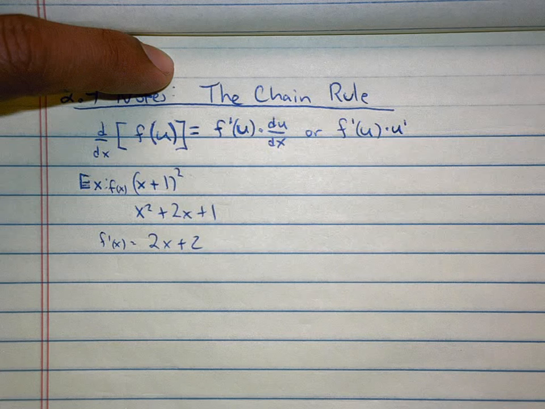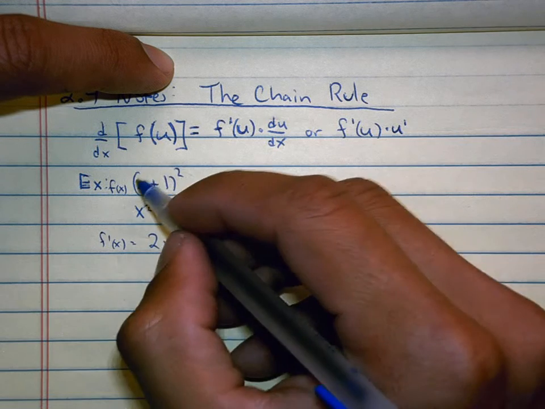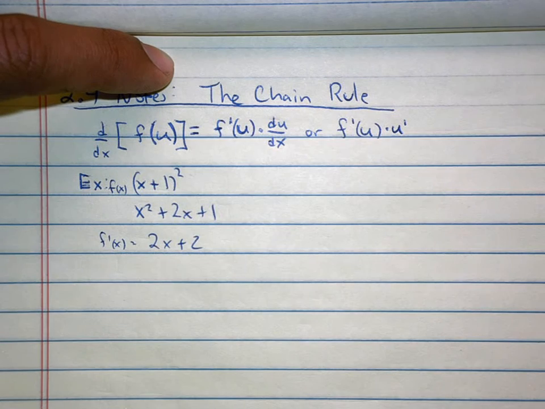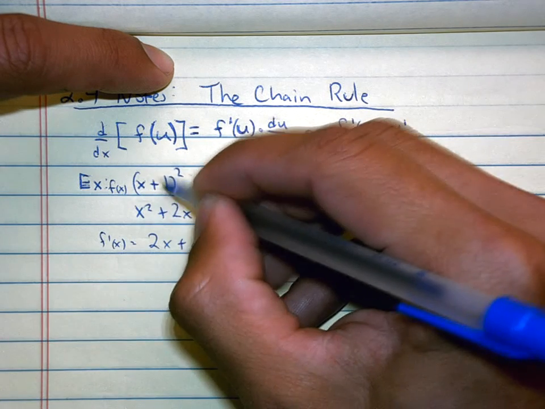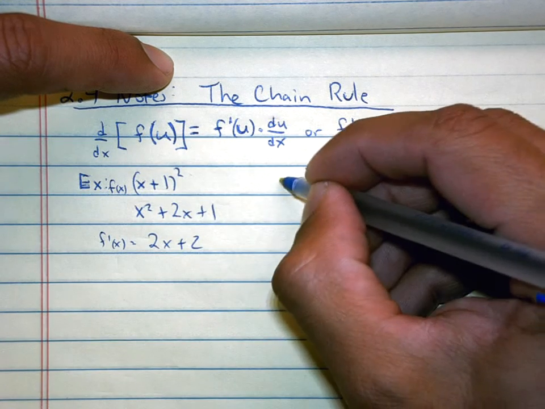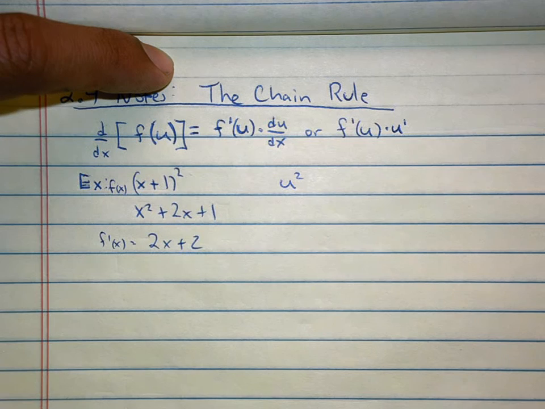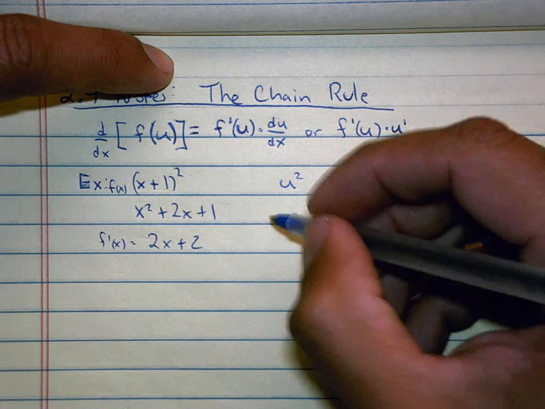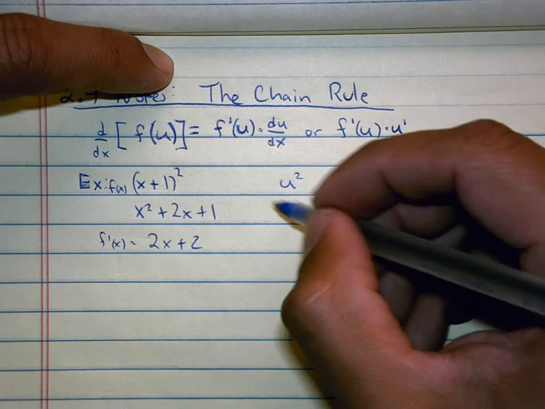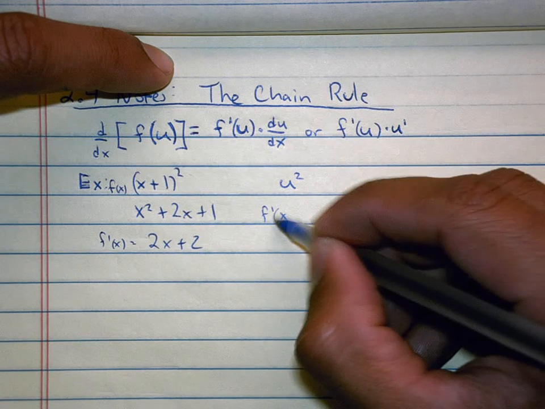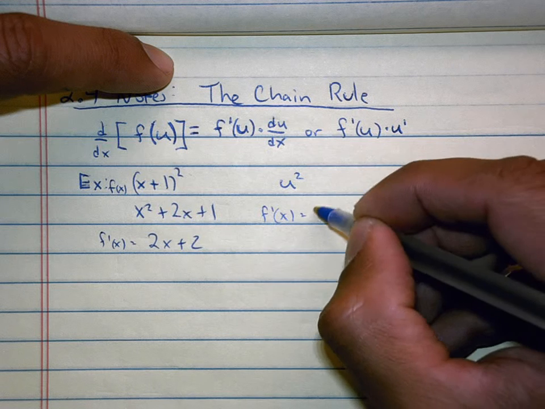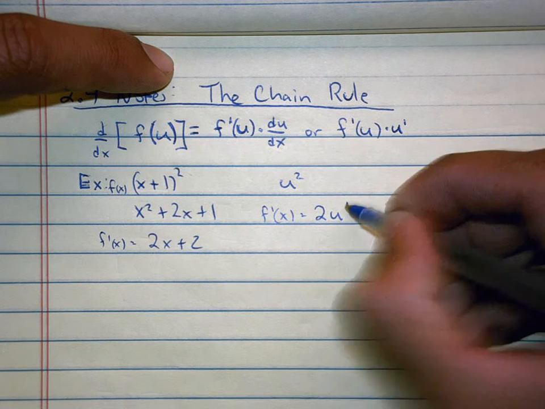Now, I want to show you what this looks like using the chain rule. The chain rule says that you're going to work from outside in, basically. You want to treat this x plus 1 like it is a u squared. If I were to find the derivative of u squared, I would do the outside and get 2u to the first power.